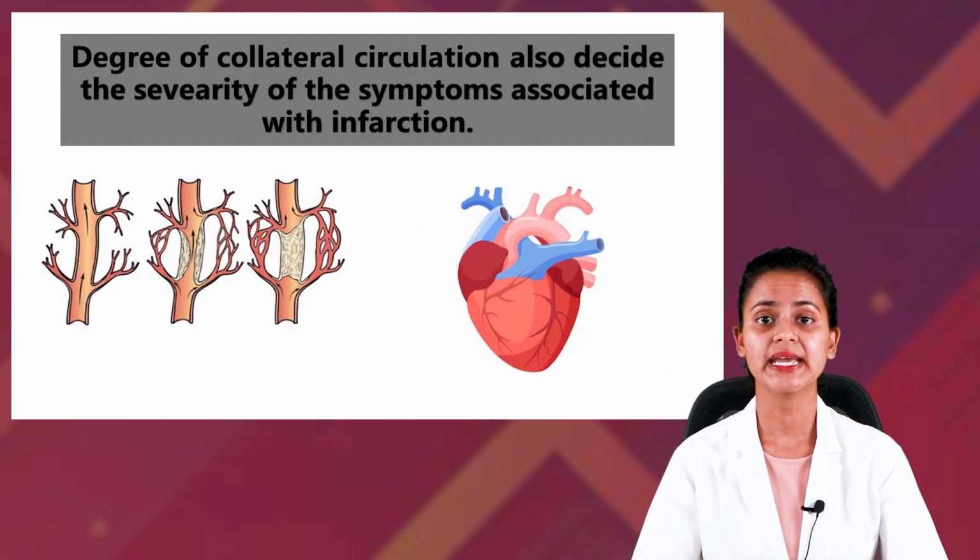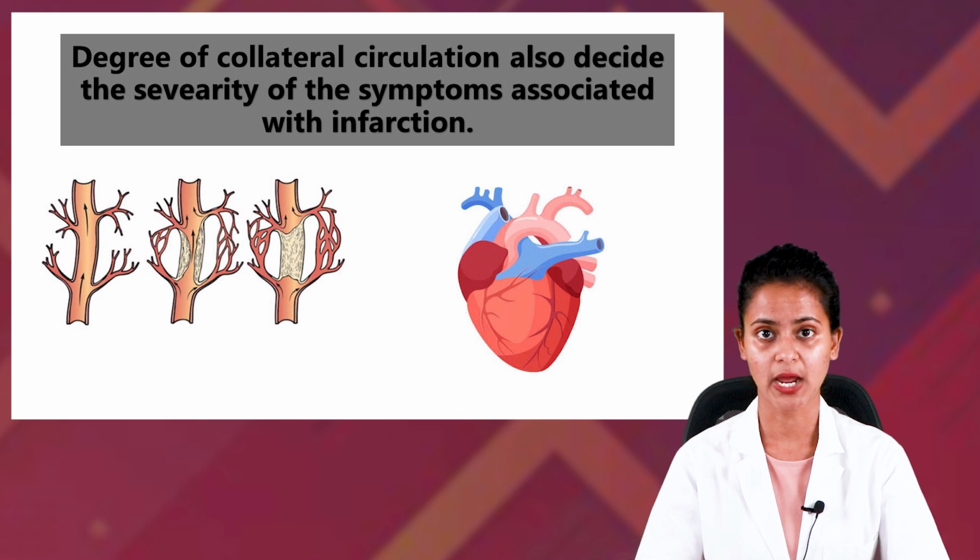Now, the degree of pre-existing collateral circulation will also influence the severity of the infarction. An individual who has a very prolonged history of coronary artery disease will definitely develop collateral circulation to provide blood supply to the area surrounding the infarction site. This is one reason why a younger person may have a more serious first myocardial infarction attack. For a younger person, we are not going to see a prolonged presence of coronary artery disease, right?